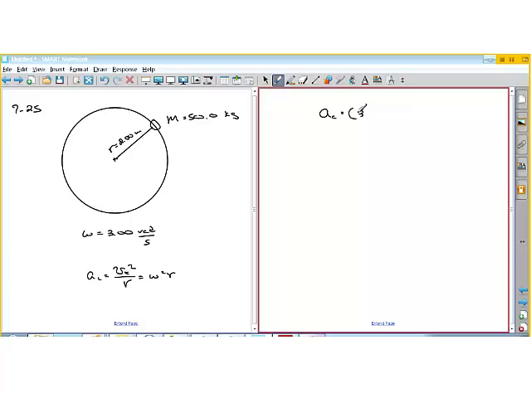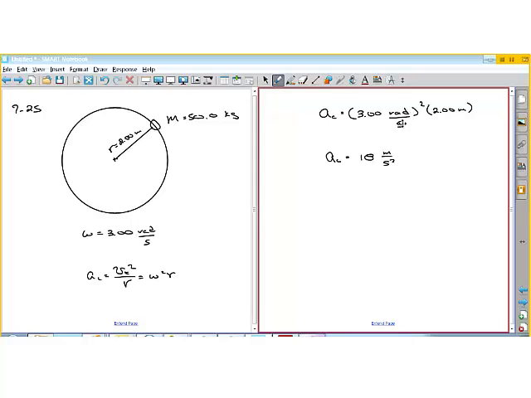So omega is 3.00 radians per second, we square that, and multiply by R, which is 2.00 meters. For that child to stay in, let's say orbit, it's not really orbit, we get 18, and the units are meters per second squared.